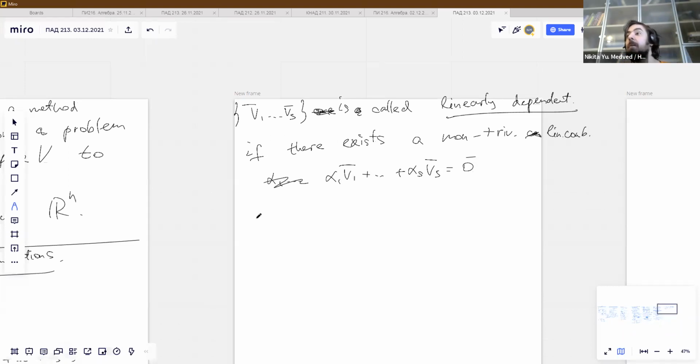So if you are able to somehow cancel your vectors with each other, then they're linearly dependent. Otherwise, we say that they are independent.